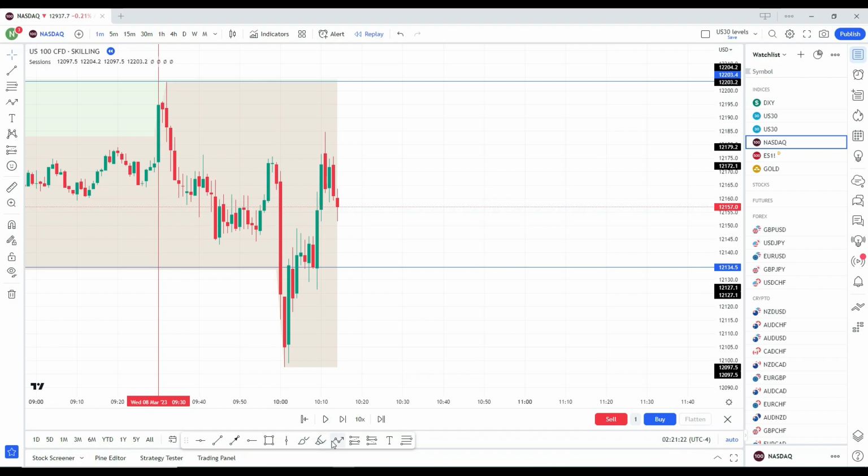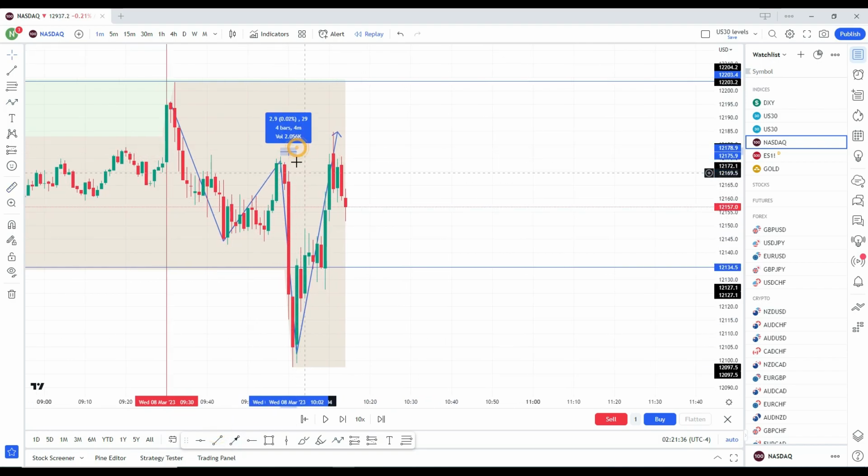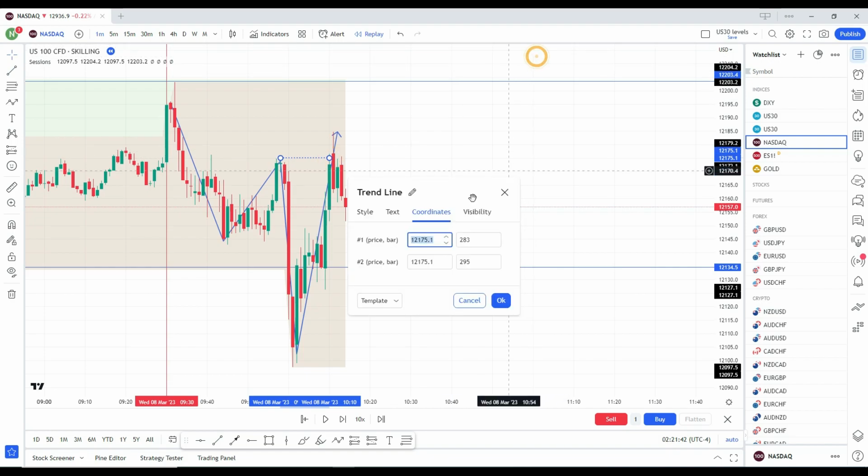So in this case, we have been on a downtrend. Break of track here downside, and there is change of character here. So as you can see, we have change of character.